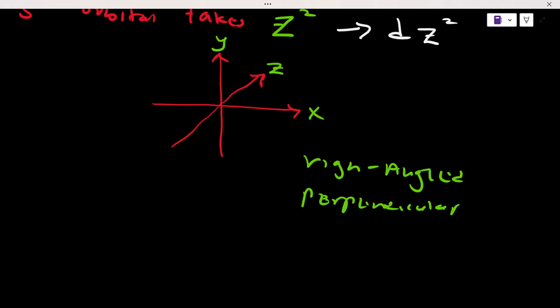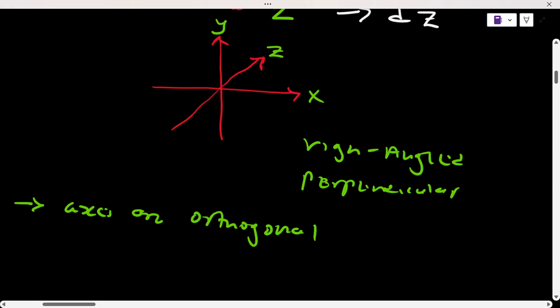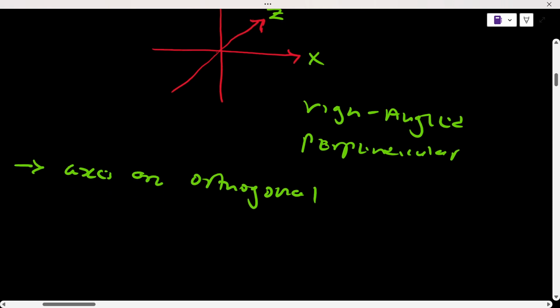So first thing, we need to know that the axes are orthogonal. This means they are perpendicular.